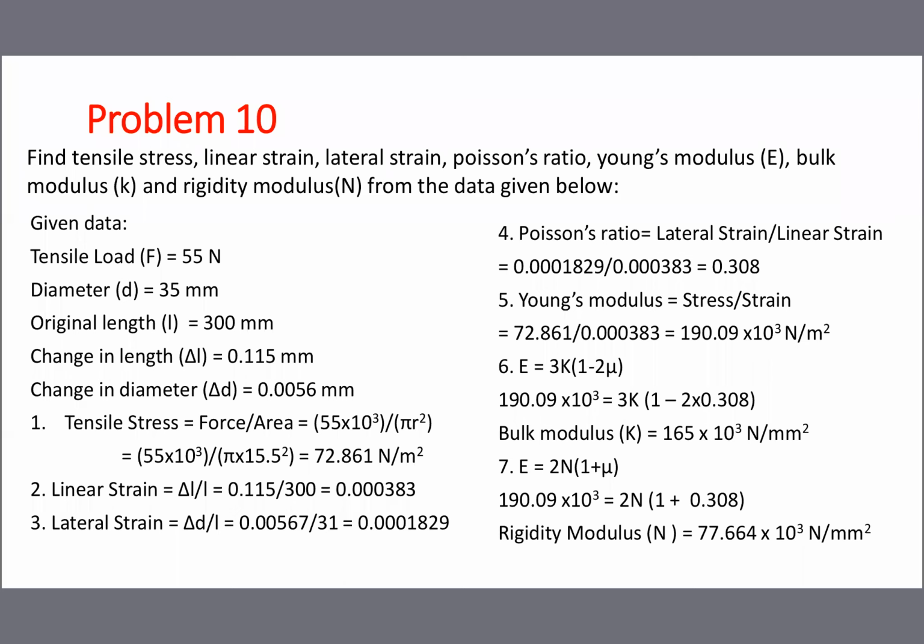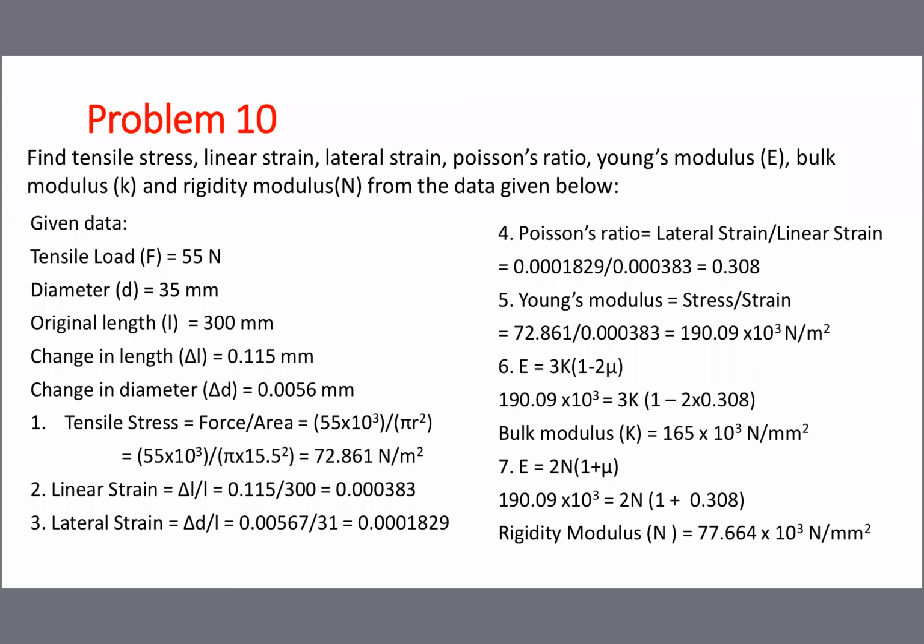So E is 190.09 into 10 power 3, equal to 3K into 1 minus 2 into 0.308. From this simple calculation, you will get the K value. K means bulk modulus, we calculated 165 into 10 power 3 Newton per mm square.